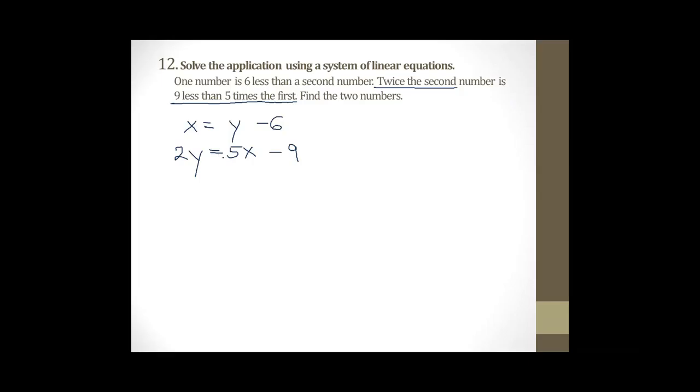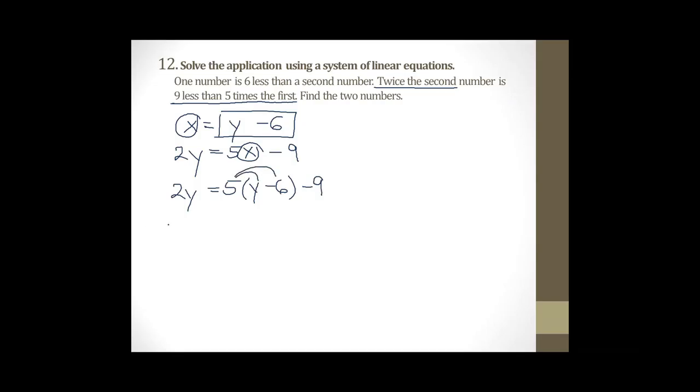Again, the system is set up for me to use the substitution method because x is isolated, so I can just plug that in for x in the second equation. 2y equals 5 times (y minus 6), and then minus 9.